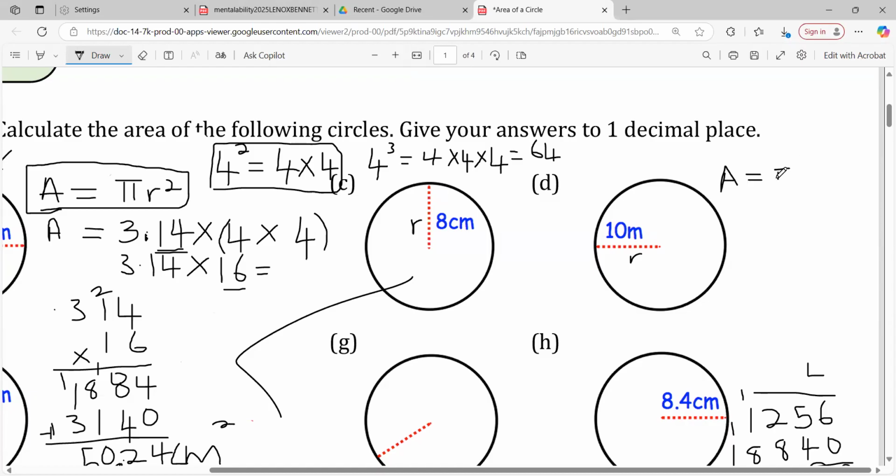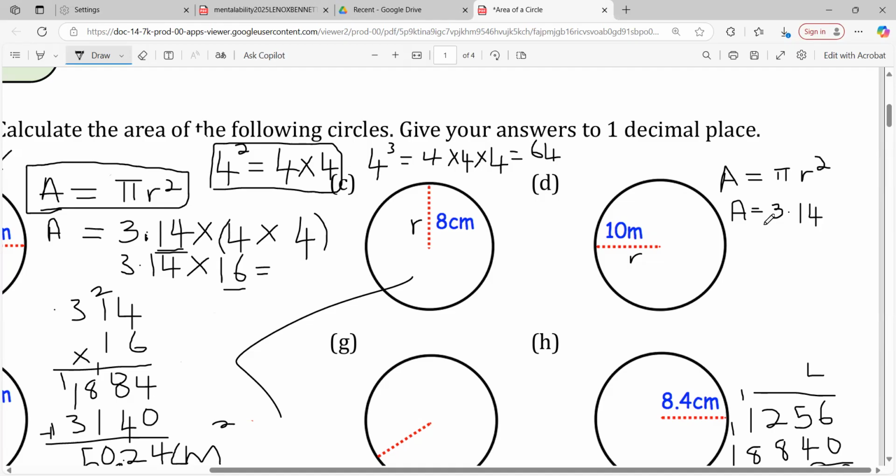It's very important that we remember the formula and we can differentiate between it and the circumference, which is 2 pi r. All right. So we know what pi is. We're using pi as 3.14 first, and then later on we use 22/7, probably next week. So we have 3.14 times the radius squared.